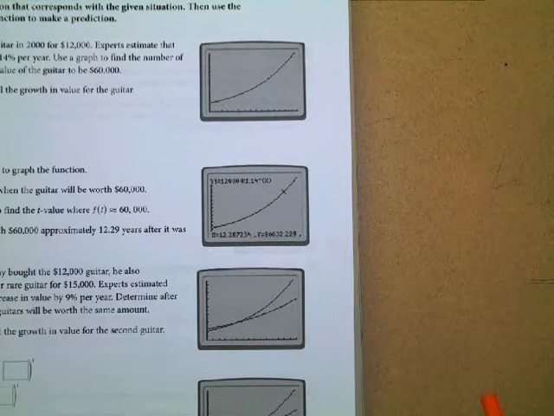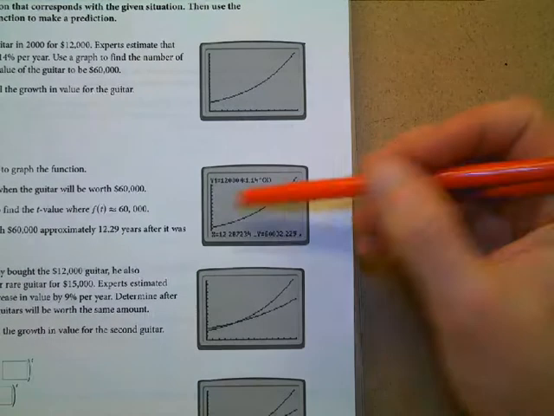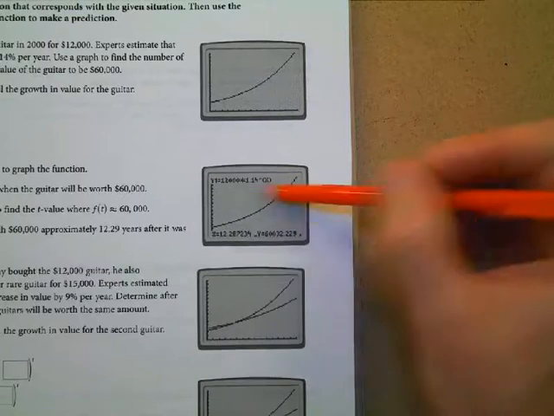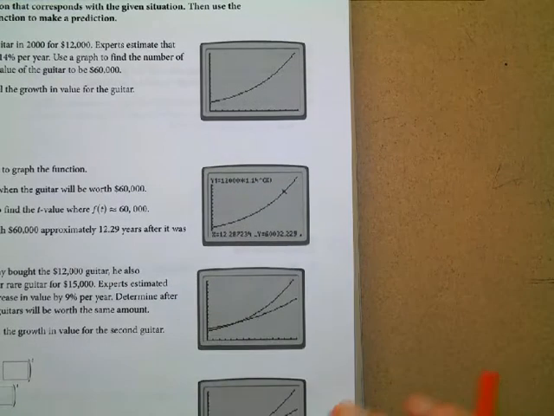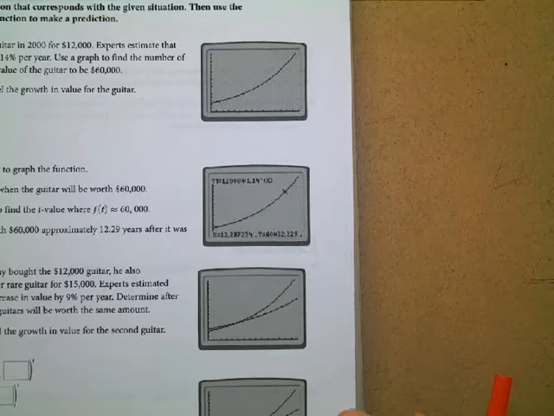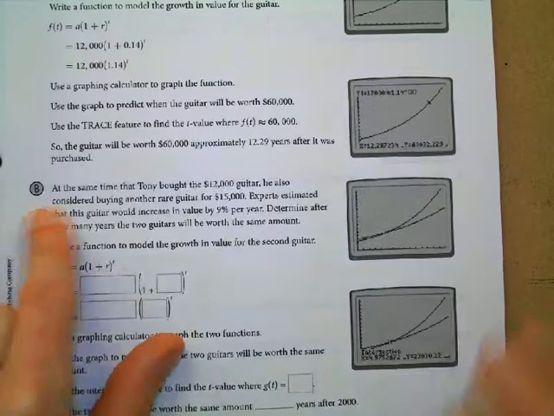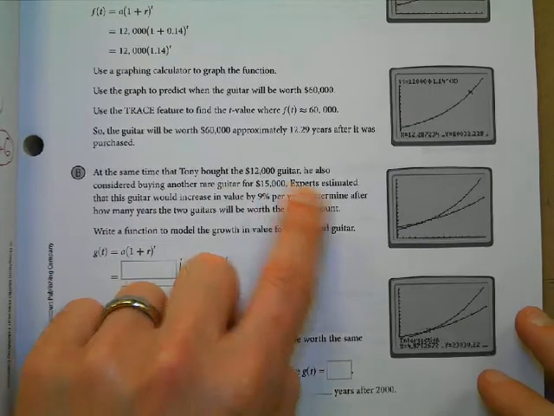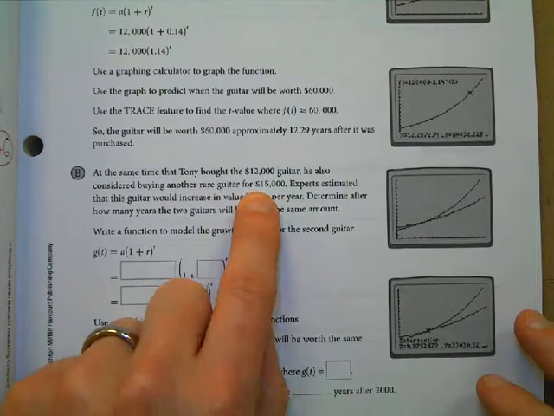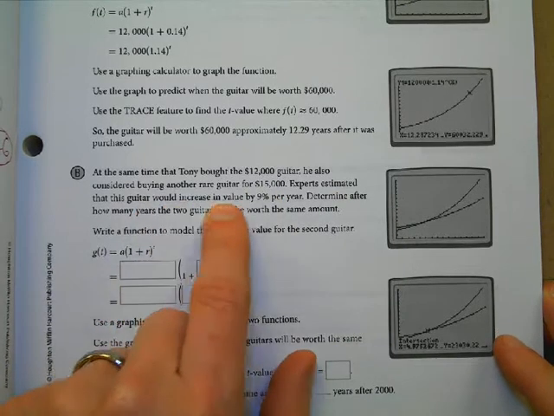So if this guitar is increasing at 9% per year, and it started at 15,000, what's going to be our A value for the function for this second guitar? It's going to be 15,000, right? That's our initial amount. If you look up here, the A value is 12,000. Here, our starting amount is 15,000.